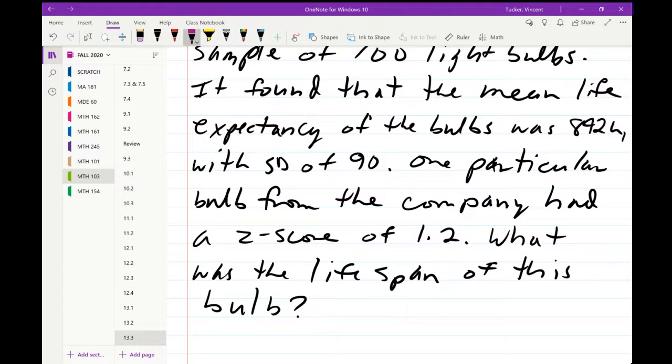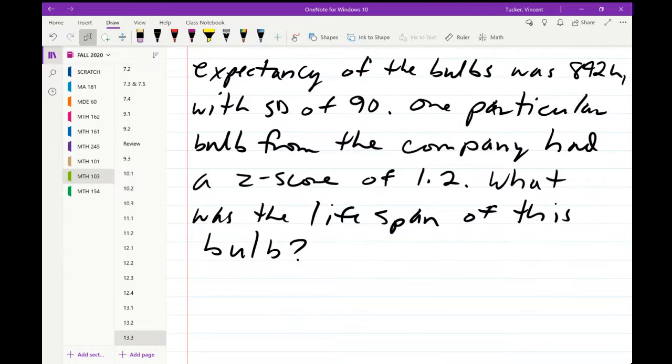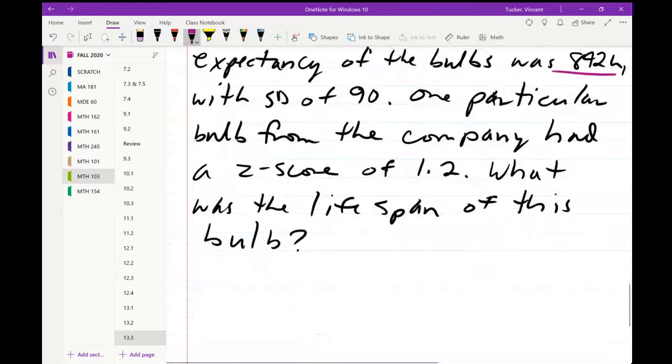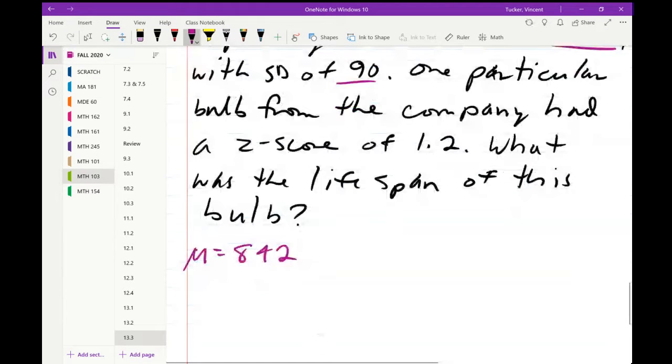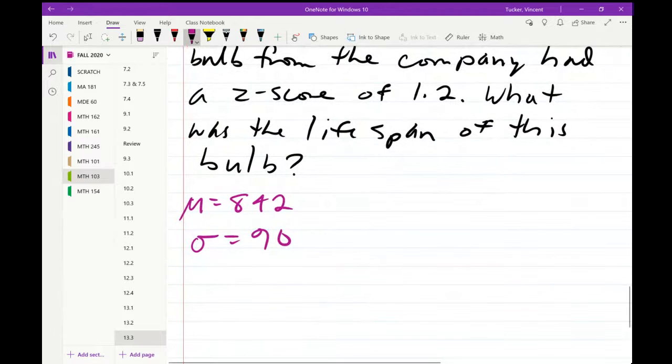All right. So as always, you write down your given information to figure out what it is you need to figure out. So our mean is 842, standard deviation is 90, and it actually had a z-score of 1.2.